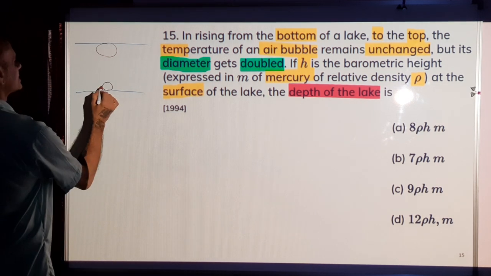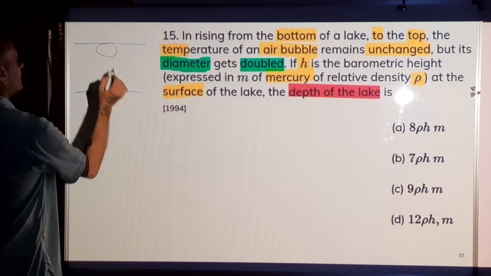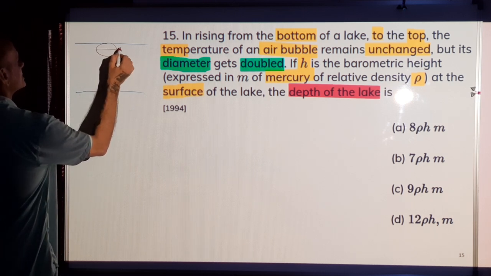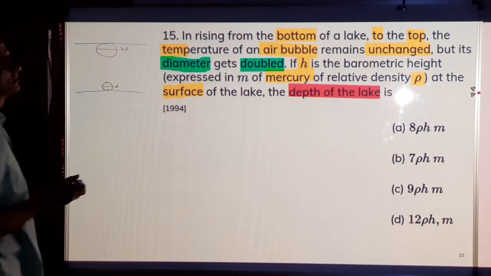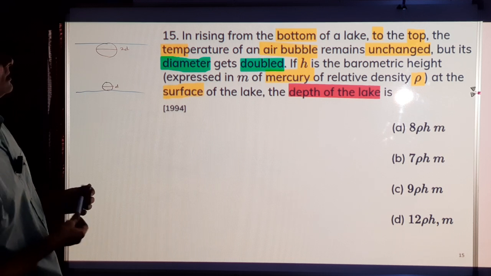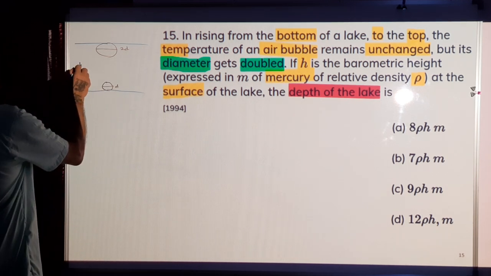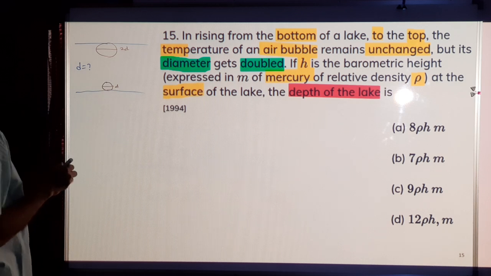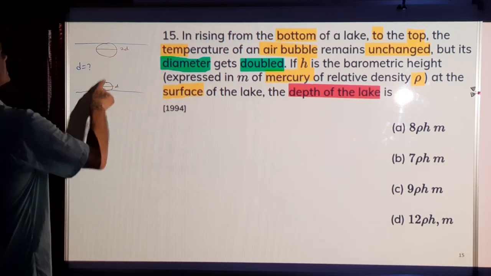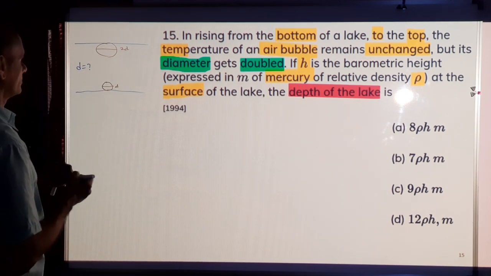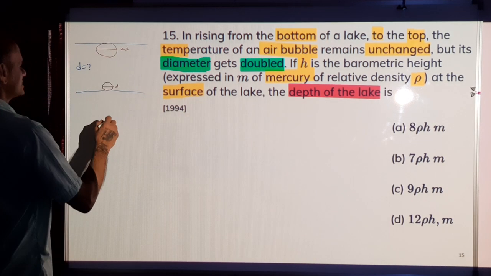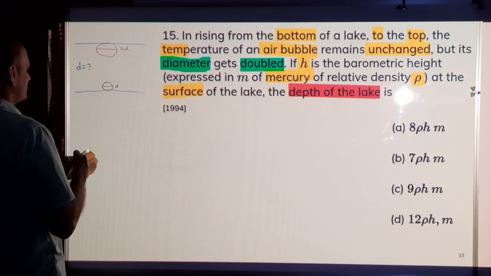So here if the diameter is d, at the top the diameter is getting doubled. It's given in the question. So you have to find the depth of this lake. So this air inside, we can assume it's an ideal gas. So for an ideal gas, we have this equation PV equal to nRT.